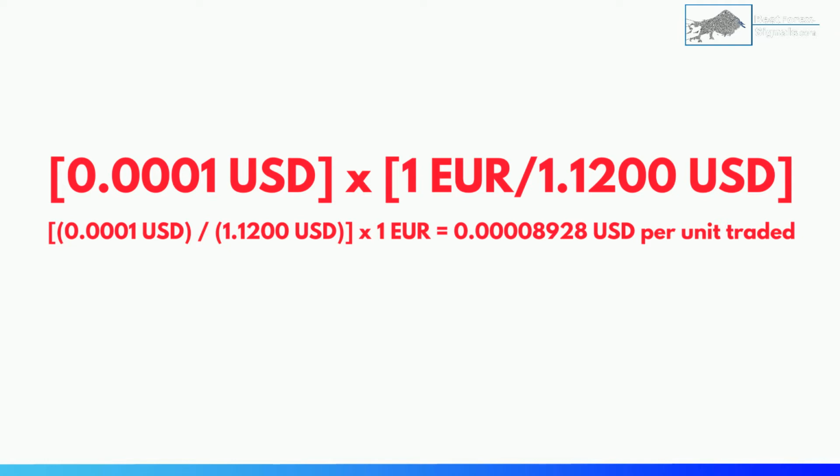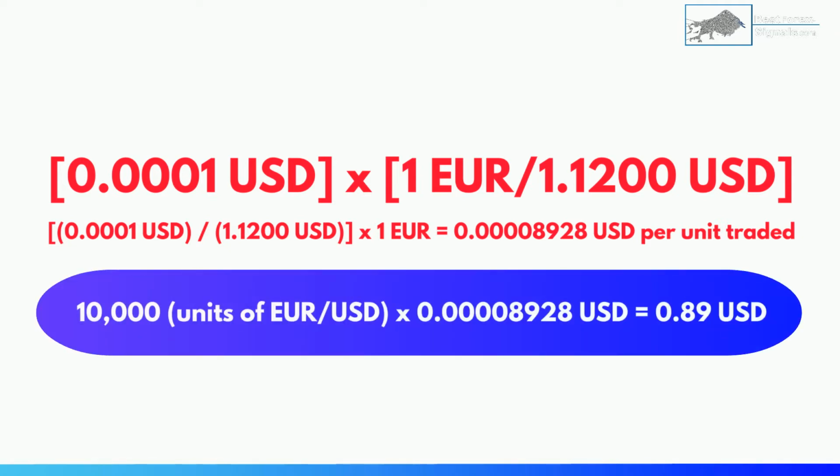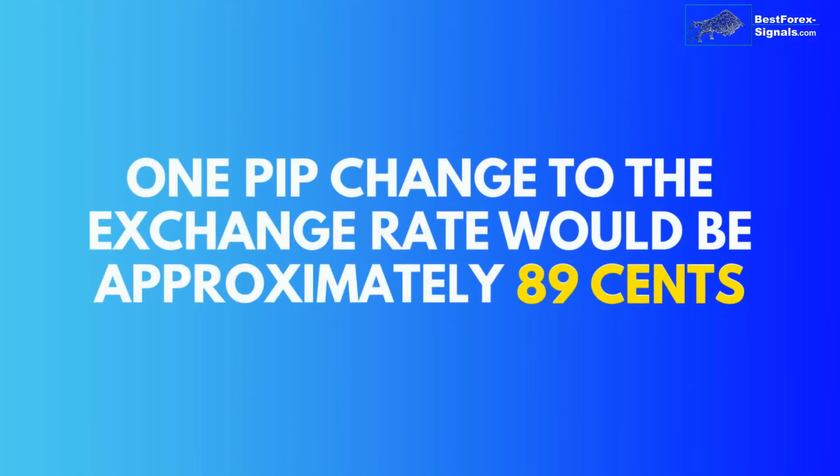Using this example, if we traded 10,000 units of EUR/USD times 0.00008928 USD equals 0.89 USD. One pip change to the exchange rate would be approximately 89 cents.